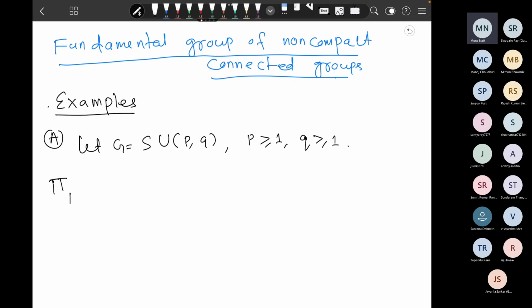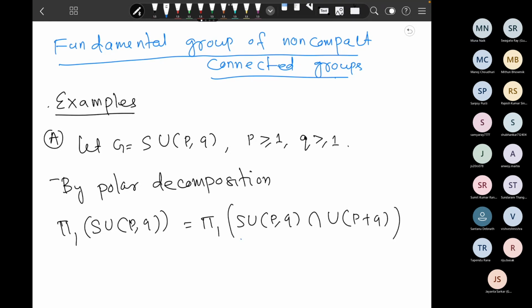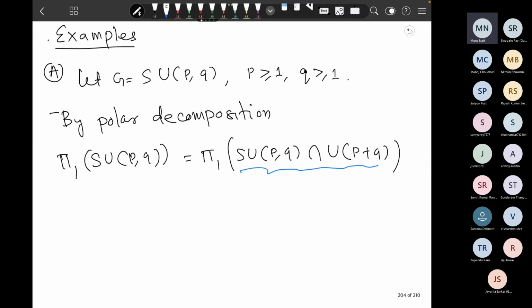We know the Cartan decomposition, so pi 1 of SU(p,q) is equal to pi 1 of SU(p,q) intersection U(p+q). And we have calculated this thing: SU(p,q) intersection U(p+q) is homeomorphic to SU(p) cross SU(q) cross S1.